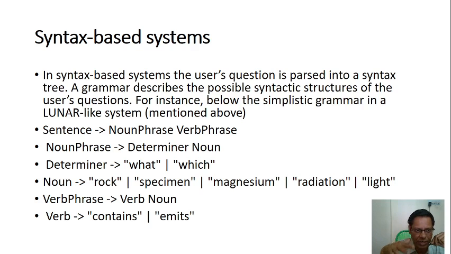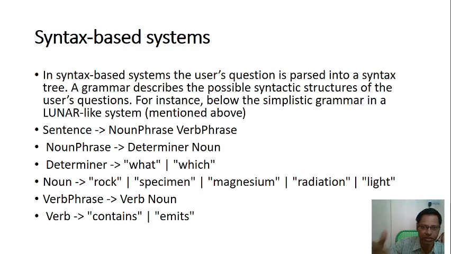The noun phrase is a determiner and a noun, where the determiner is what or which, and the noun is rock, the specimen, the magnesium, or what type of rock. The verb phrase is a verb and a noun, and the verb contains, emits.